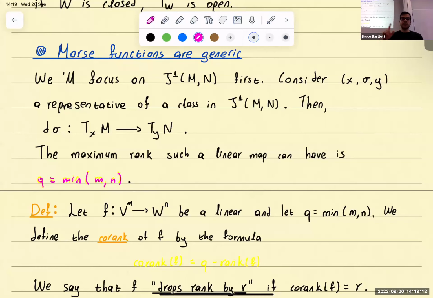Right now I'm just working at the first jet space, but what you are referring to is if I had the K jet space. Clearly d sigma is a function from the kth jet of... anyway, I have to think this through.